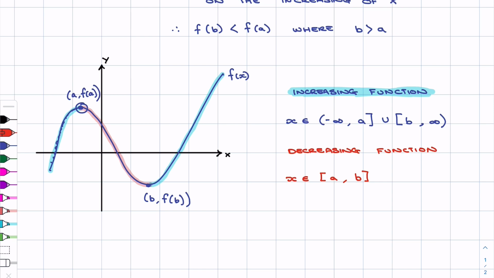So we just need to make sure that we get our notation correct, especially our notation for our domains. That's going to be very important.